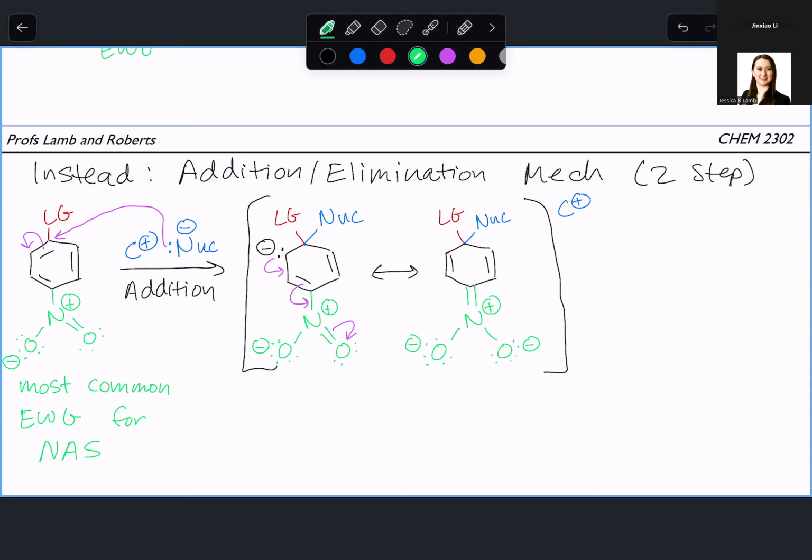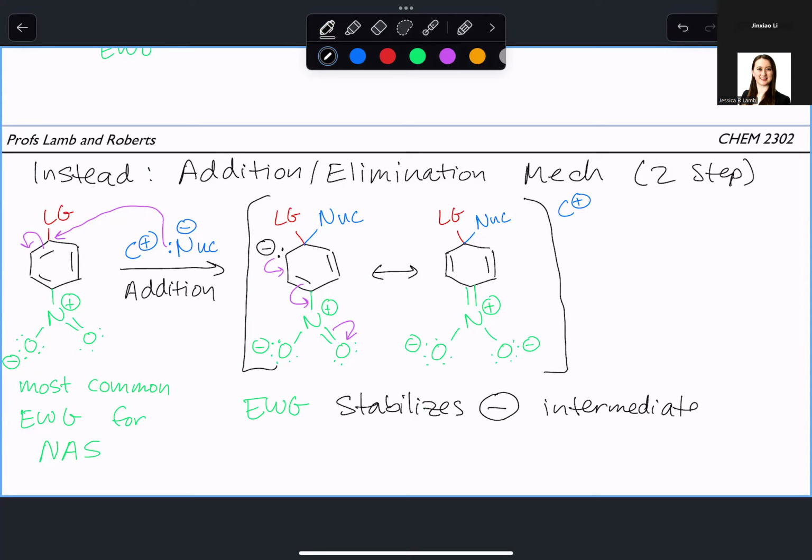Okay, so the electron withdrawing group stabilizes that anionic intermediate via resonance, right? You can see how we've pulled the negative charge out of the ring or off of the carbon into this electron withdrawing group to put that negative charge on oxygen. Remember, oxygen, electronegative atom, much happier sitting with a negative charge on it.